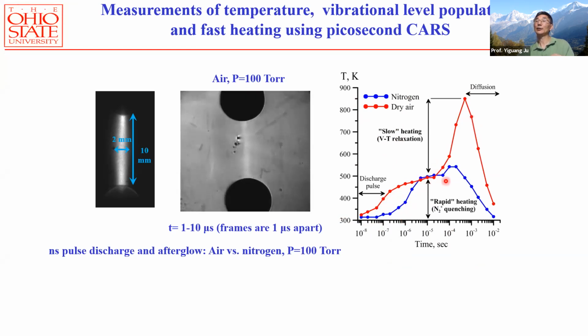But in nitrogen you have a lower temperature. The oxygen in the air gives more heating because, as I said in the previous lecture, with oxygen you get faster heating reactions going on. So your temperature is higher, particularly the faster heating is higher.